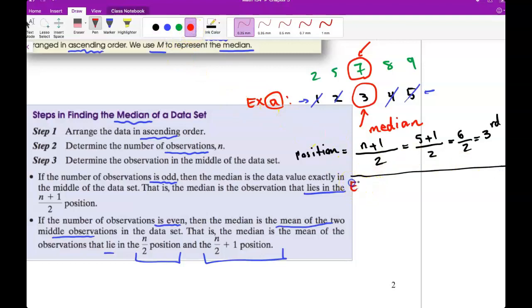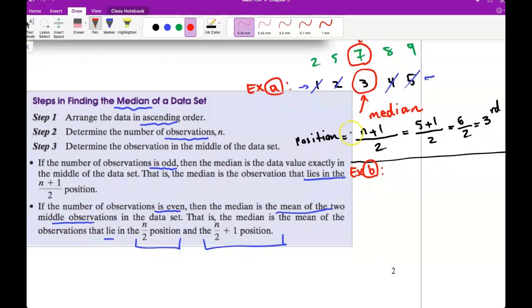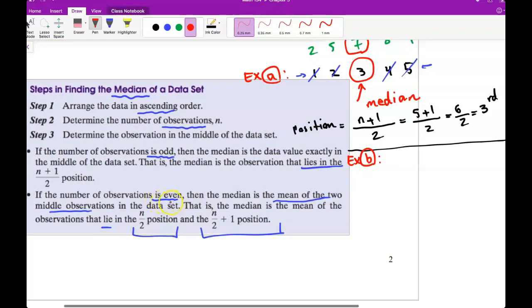And now another example for part B, when n is even or number of observations is even. Example 1, 2, 3, 4. I'm using the easiest example I can have here to start.